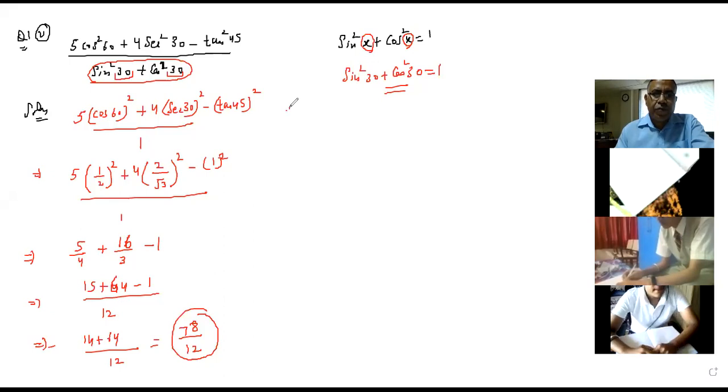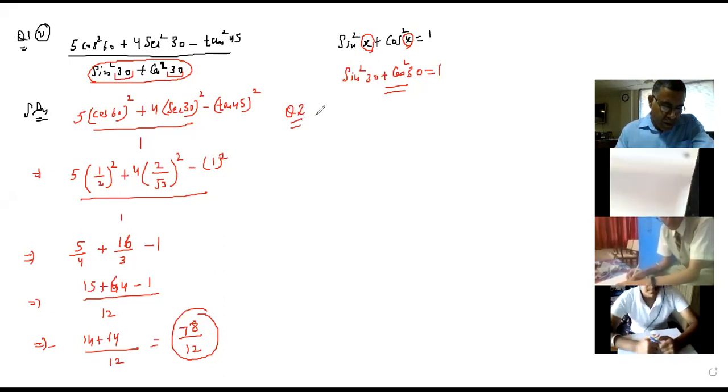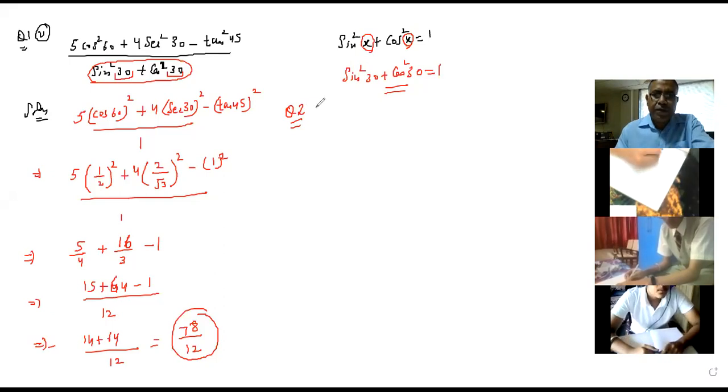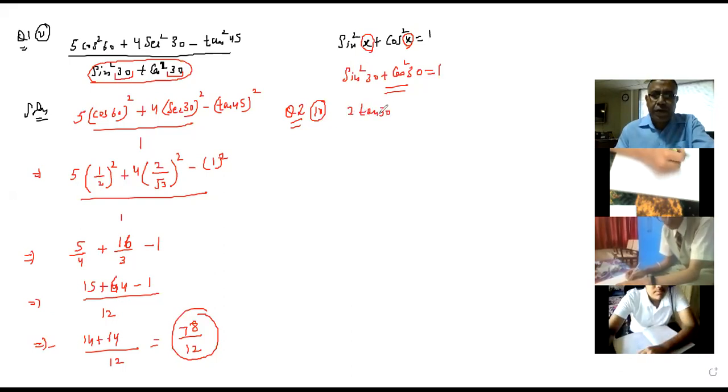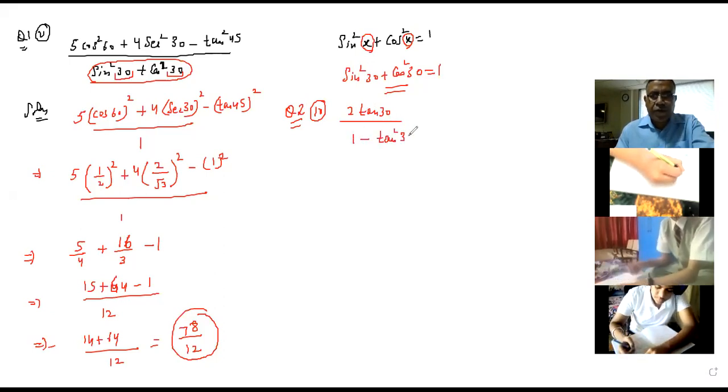After that, I'm going to question number 2, fourth part. 2 tan theta upon 1 minus tan square theta, with theta as 30.